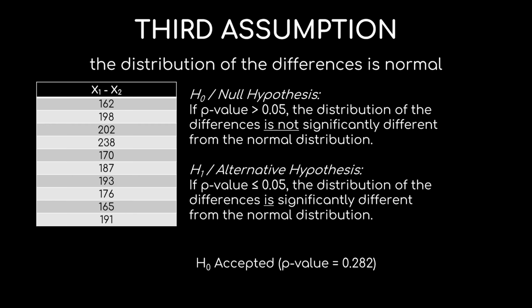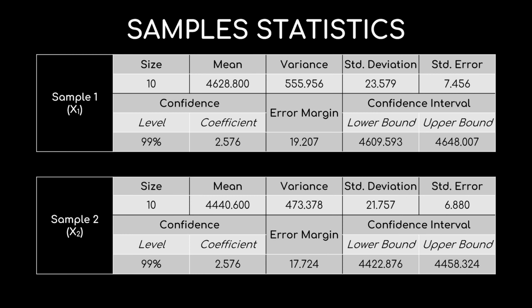A small excursus. If the assumption of normality was violated, I couldn't use the parametric t-test, but a non-parametric one, the Wilcoxon signed rank test. Now the descriptive statistics of the two samples are here. Mean, variance, standard deviation and standard error.